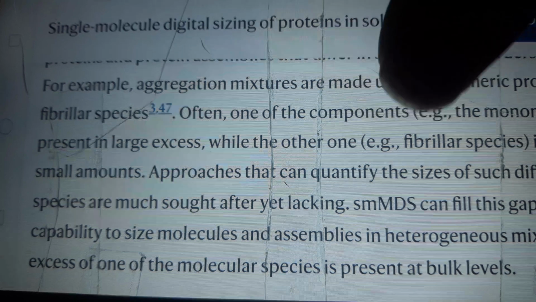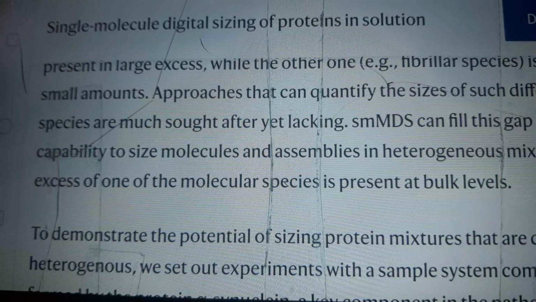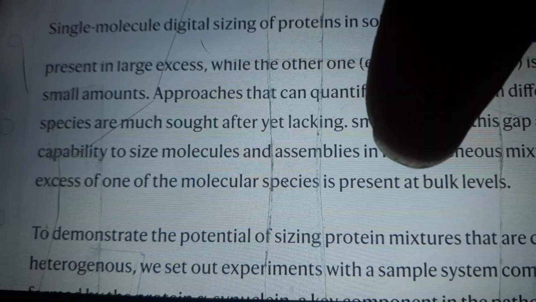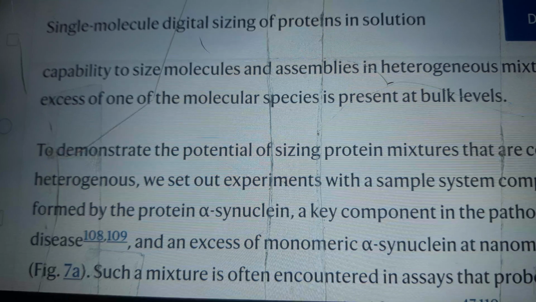Approaches that can quantify the sizes of such differently populated species are much sought after, yet lacking. SMMDS can fill this gap as it has the capability to size molecules and assemblies in heterogeneous mixtures even when an excess of one of the molecular species is present at bulk levels.